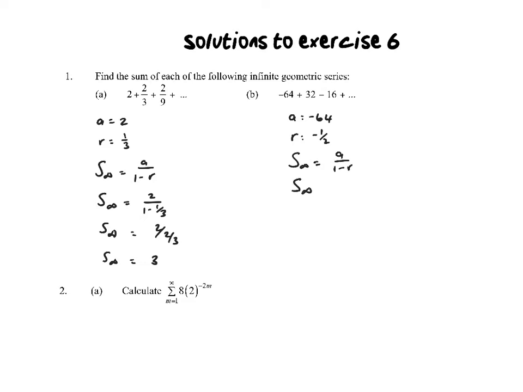A is equal to negative 64, over 1 minus the ratio of minus a half. So that means it's negative 64 over 1 plus a half, which is 1.5, that's 3 over 2, right? So that means it is negative 128 divided by 3, and whatever that is on your calculator.